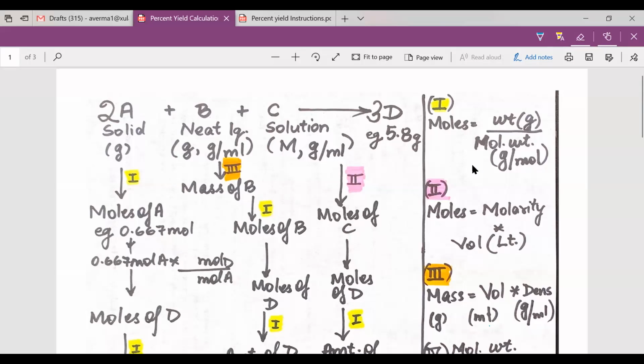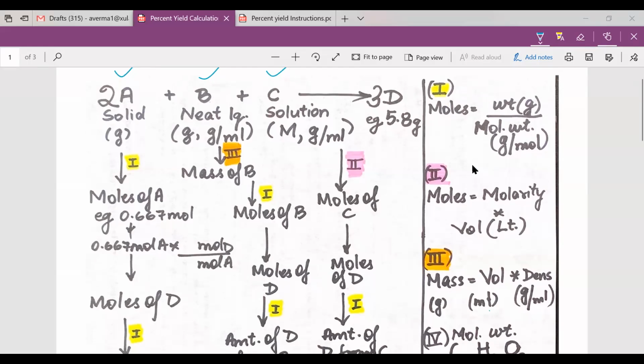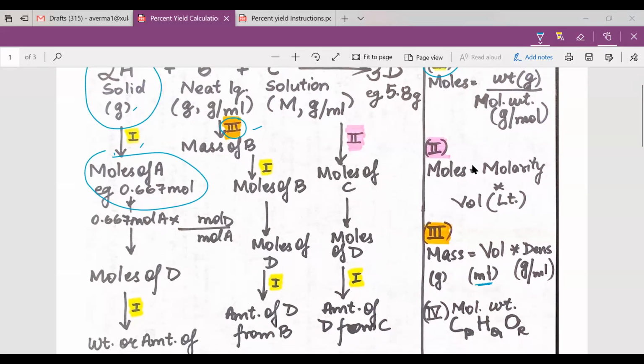For each kind of your starting materials, you are required to first convert the starting amount into the moles of that particular compound. Depending on what compound you have, if you have a solid, you can directly use this formula. If you have a neat liquid, you will first convert the volume, which is measured, into grams. So you will be given milliliters of your neat liquid.